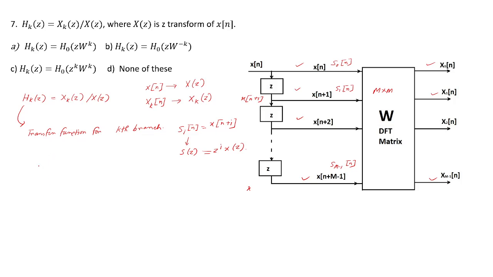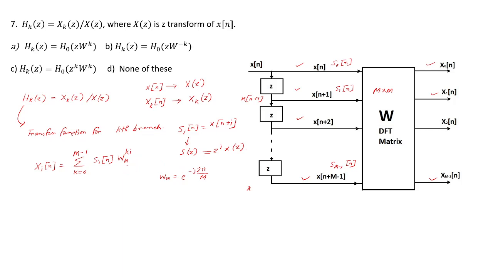Sorry, let me write it down. X_i of n is given as this, where omega_m is given as the mth root of unity.